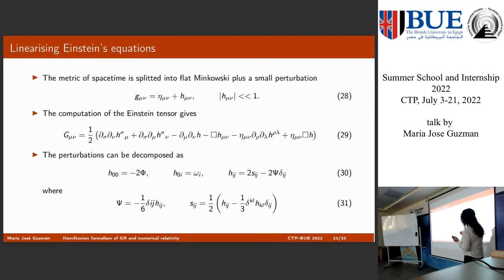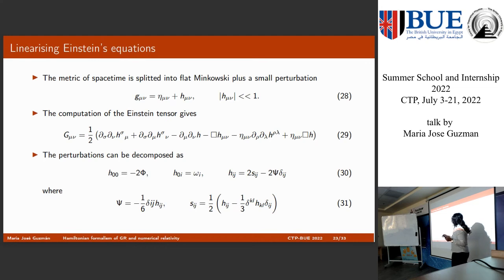I put here how you linearize Einstein equations. I'm just showing you very schematically, and I think you will study more of that in the general relativity lectures. The main idea is that I would like to study how spacetime behaves in vacuum with little perturbations. I perform these little perturbations around a Minkowski background.